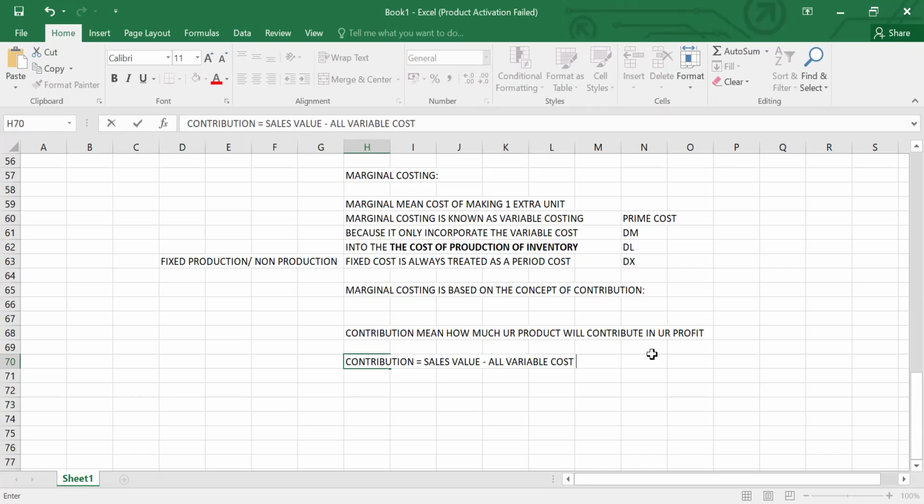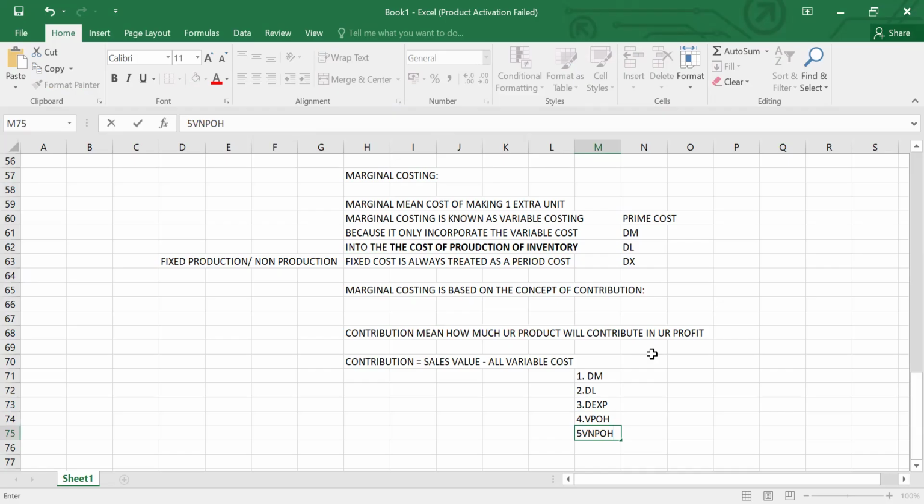When I say all variable cost, remember it is going to be direct material, direct labor, direct expense, variable production overheads, and variable non-production overhead. There is a very big misconception among students.